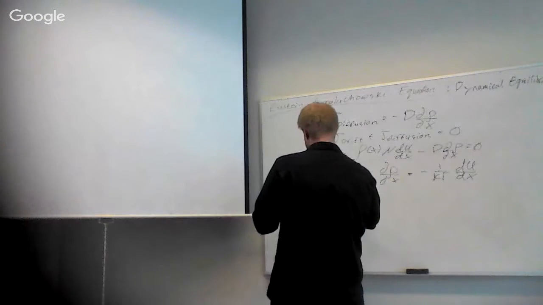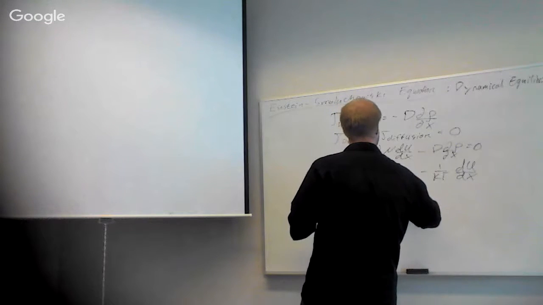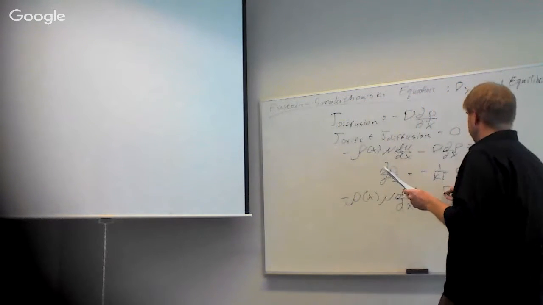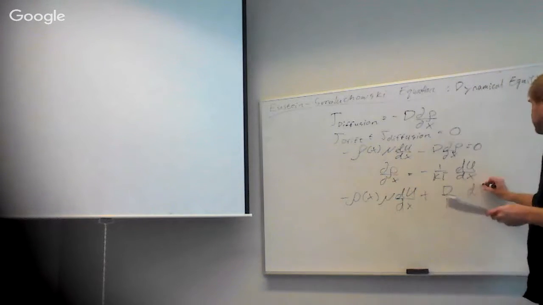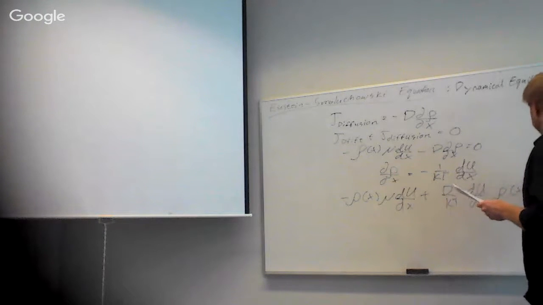And so what we end up with here is negative rho of x mu du dx plus D over kT du dx rho of x equals 0.